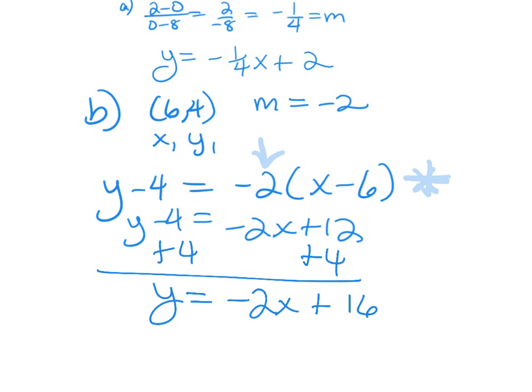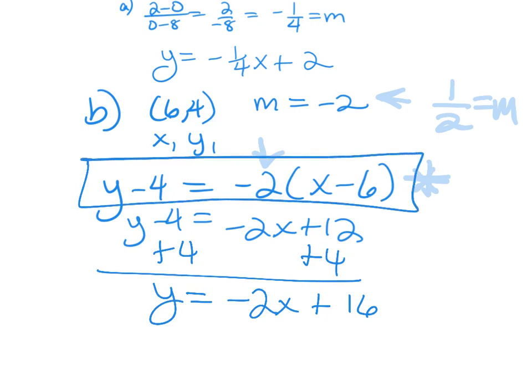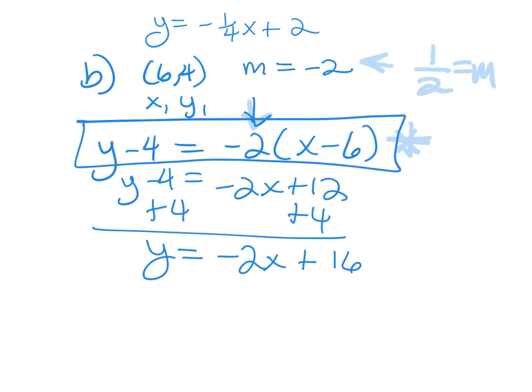However, I want perpendicular, so I'm going to modify my slope to opposite sign and reciprocal. So now for question C, I'm going to use this same thing right here, but instead right here I'm going to put +1/2.